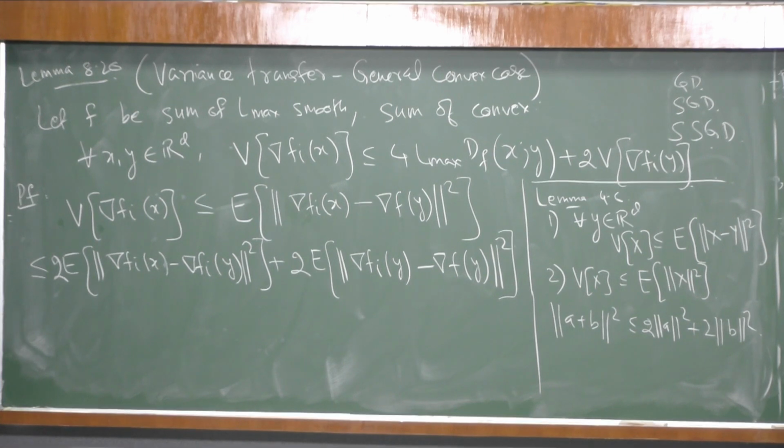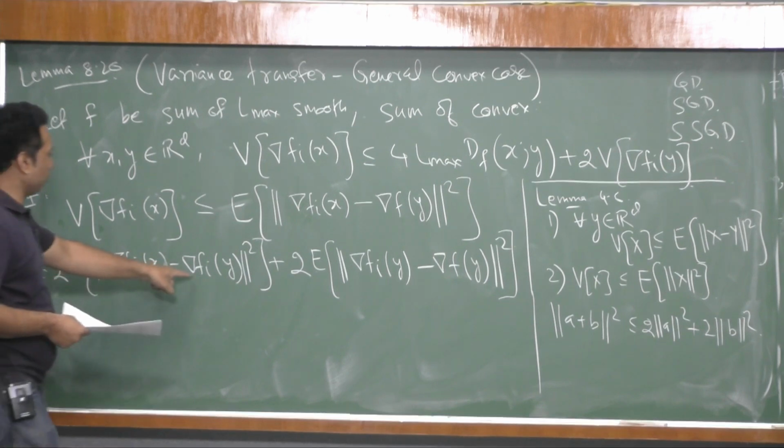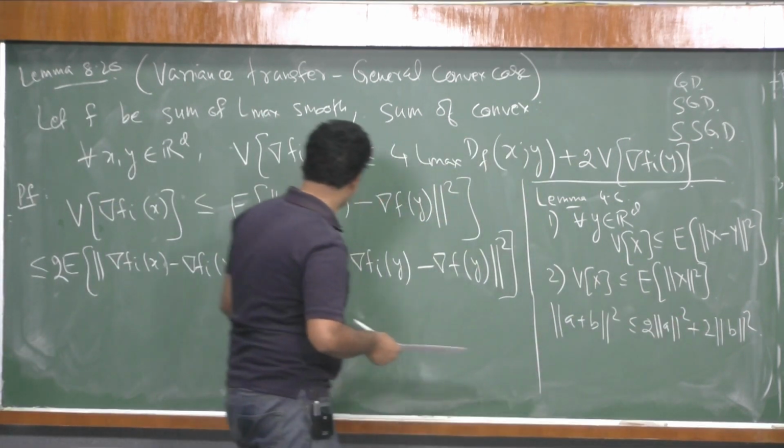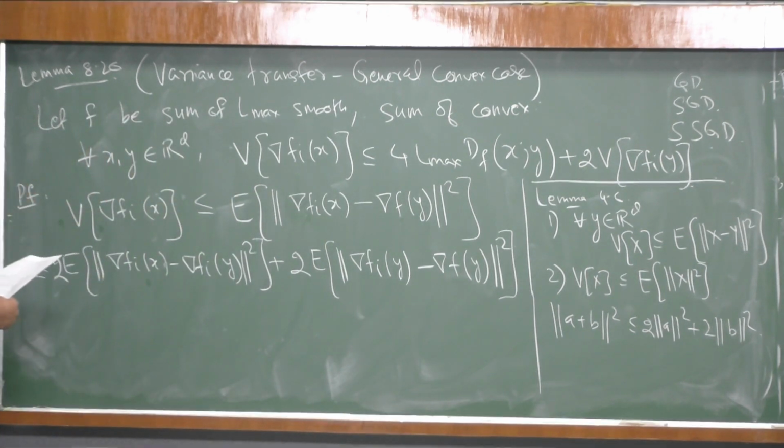This follows from that: we added and subtracted grad f_i(y), and then split it into a squared and b squared.